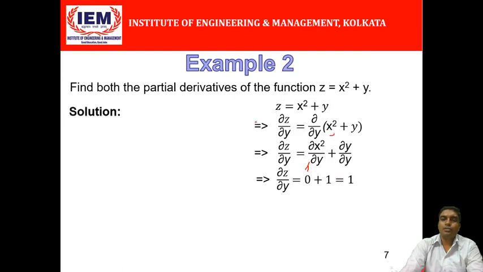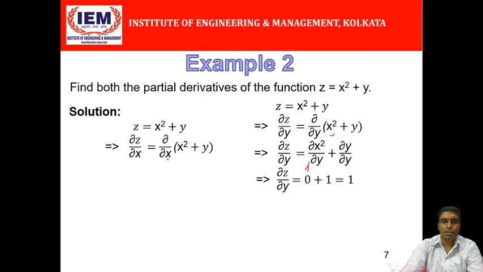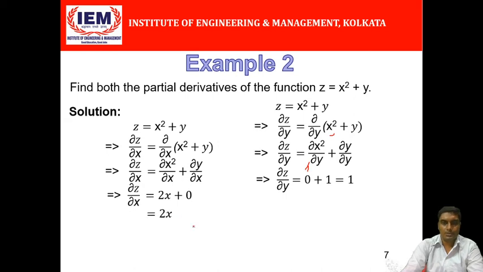Now in the case of the partial derivative with respect to x, y will be constant and x will be variable. If I differentiate x square with respect to x, it will be 2x. So the result will be 2x.